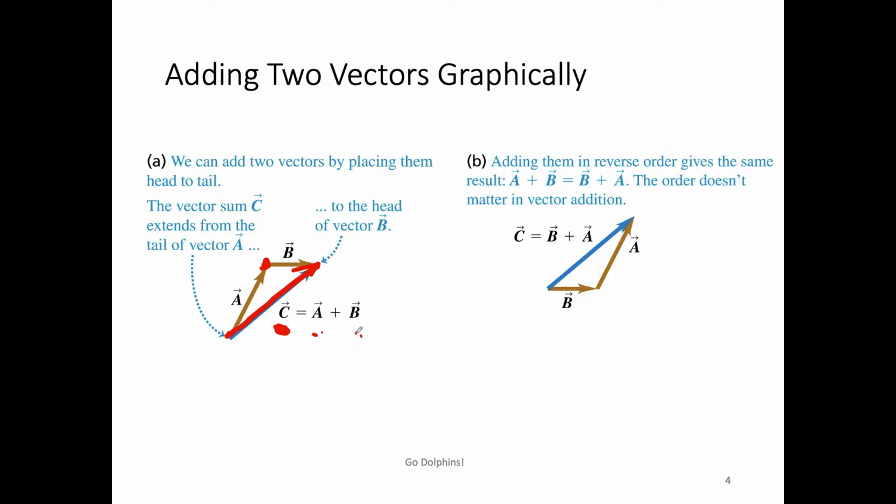You can add B to A, or you can add A to B. In such a case, you put the tail of A onto the head of B, and connect the tail of B to the head of A, which also gives you the vector B plus A, and you can check that B plus A exactly equals A plus B. So the order is interchangeable.